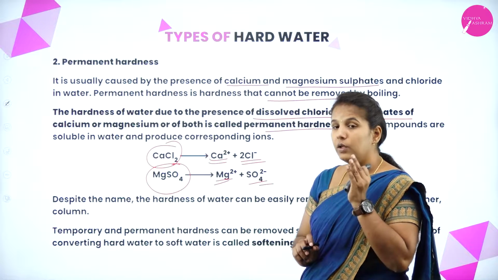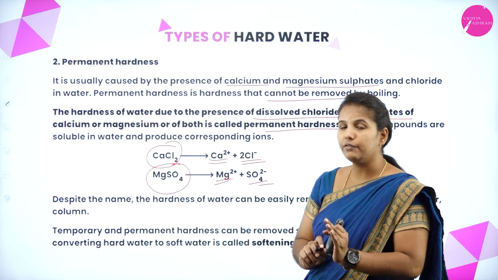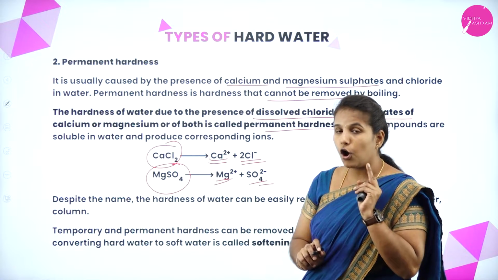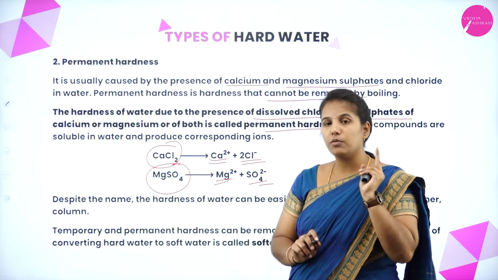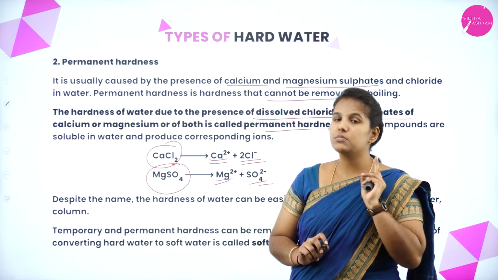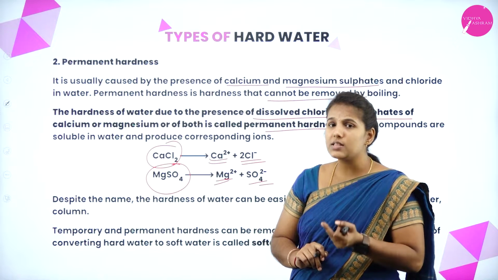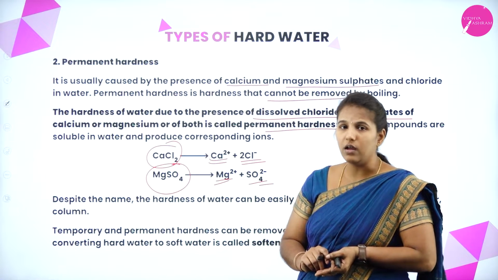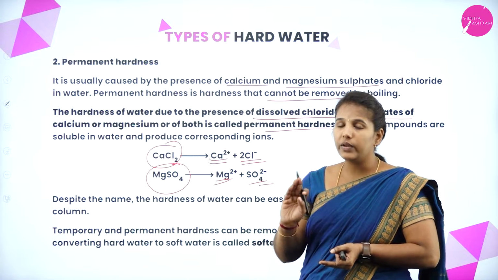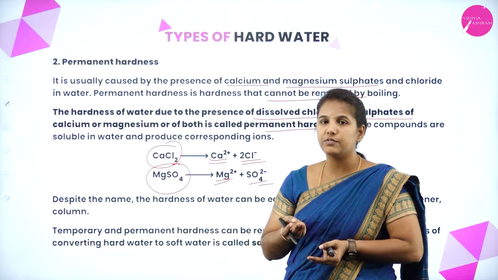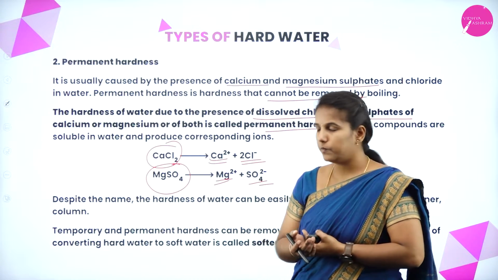This shows that when we say permanent hard water, remember it always consists of calcium chloride or magnesium sulfate as their ions. That is why it causes permanent hardness to the water. And remember, we cannot remove the permanent hardness of water by boiling.